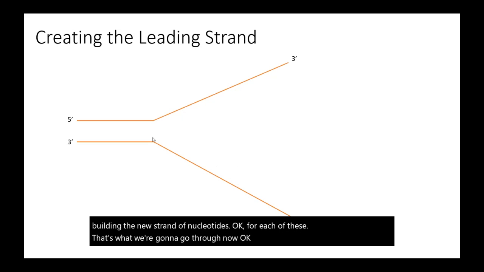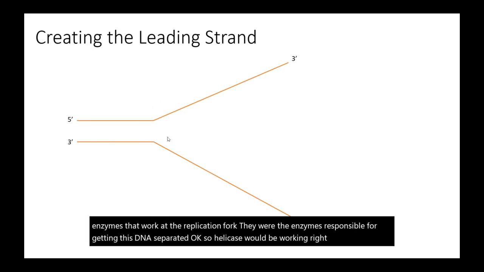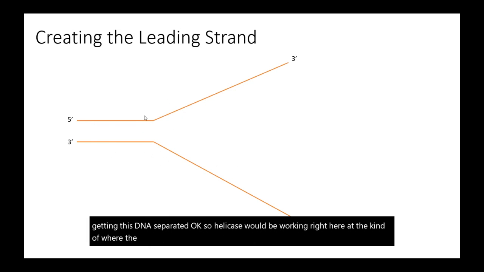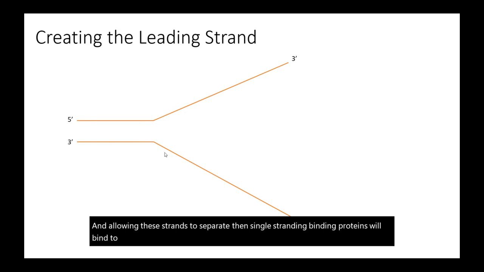So just to remind you, there were 3 enzymes that work at the replication fork. They were the enzymes responsible for getting this DNA separated, okay? So helicase would be working right here where the fork is open and closed, because helicase is responsible for breaking these hydrogen bonds and allowing these strands to separate. Then single-stranded binding proteins will bind to these single strands and prevent them from closing again.